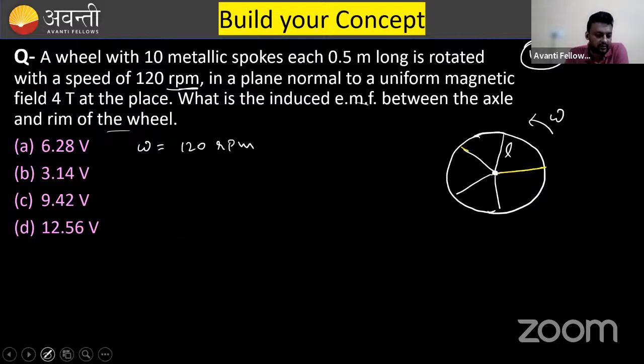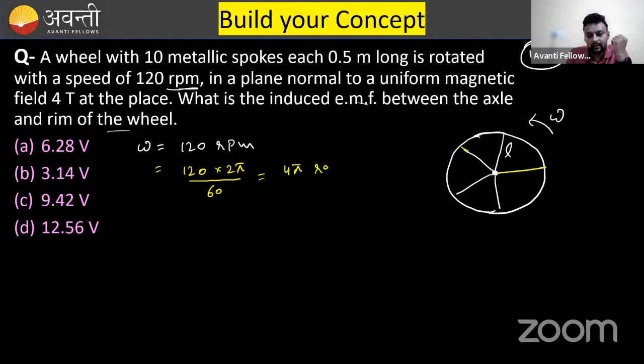You need to convert it to radian per second. Revolution means 120 times 2 pi radians, divided by 60 since 1 minute has 60 seconds. That is 4 pi radian per second. This is omega.